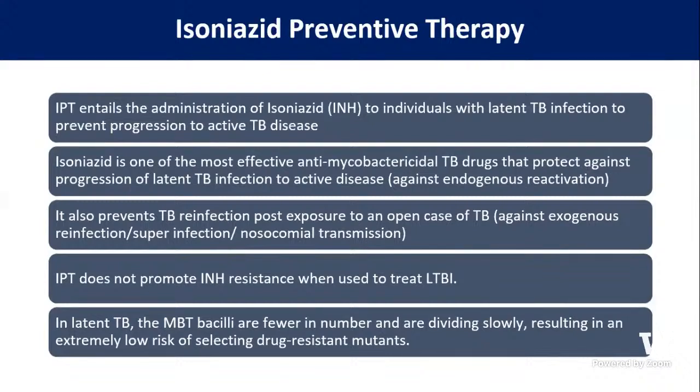This is where reactivation of this infection occurs among HIV positive patients, because of lower immunity, and the bug grows and you get a frank disease. So for the latent infection not to progress into a frank disease, we are giving TB preventive therapy.